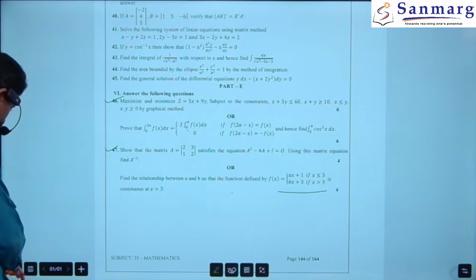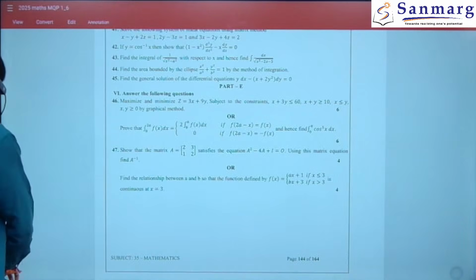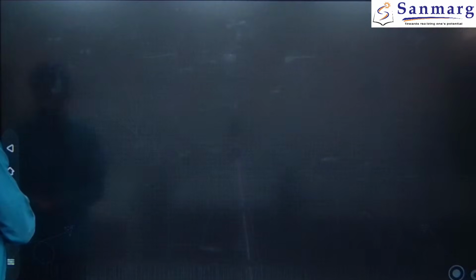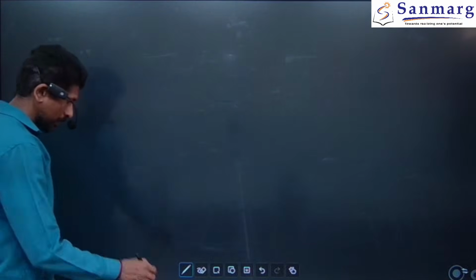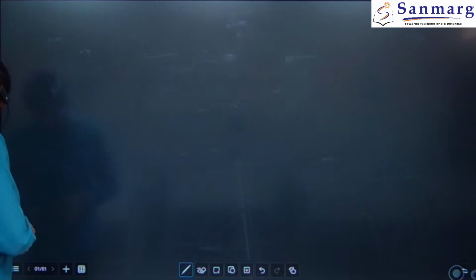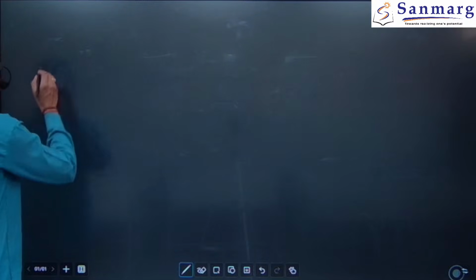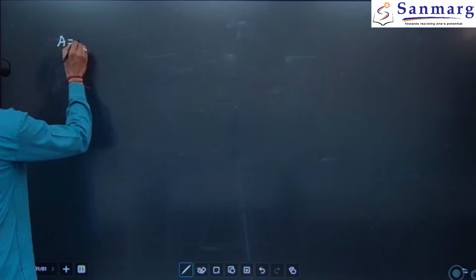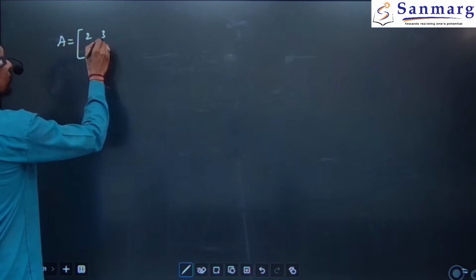So now, I will solve the first matrix from A. They have given it as 2, 3, 1, 2.